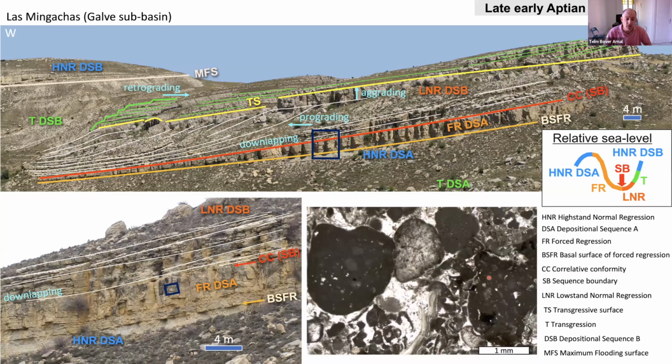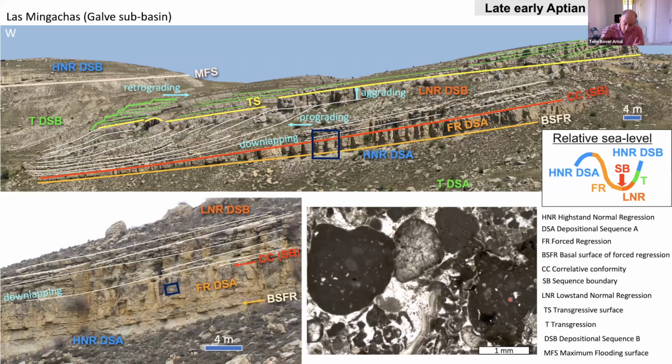The microfacies of the fourth regression are slightly cross-bedded grainstones with moderate sorting. It is made up mainly of orbitolinids, Orbitolinopsis simplex. Orbitolinopsis simplex does not occur below the basal surface of forced regression. Also abundant oysters and also abundant intraclasts.